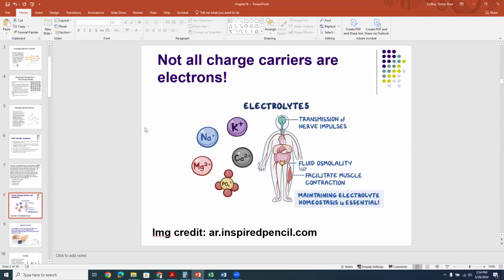Okay, now we've been talking about charge and motion of charge and currents in metal wires, but I think it's important to understand that not all charge carriers are electrons. So for example, to borrow something from biology, what carries currents in our body? It's usually ions. Primarily sodium ions and potassium ions are carrying the currents for the electrical signals in our body. So it's not electrons, we're not a metal, okay?